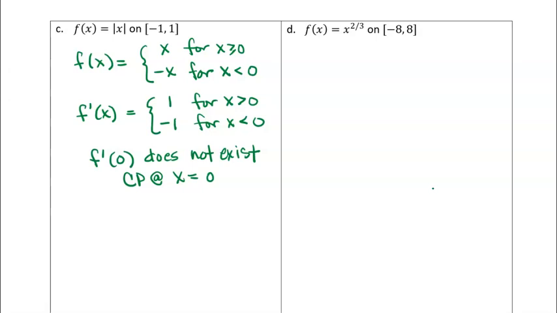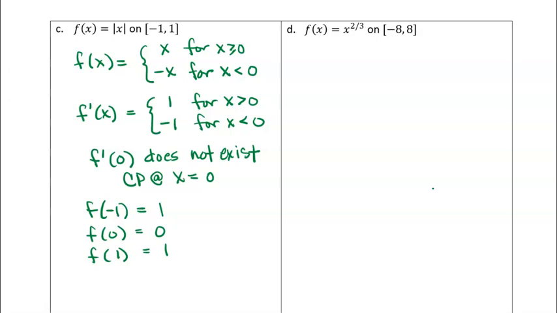And now we just need to evaluate the critical points and the endpoints and pick the maximum and minimum. All right, so I'm going to first of all evaluate f of negative 1, right? f of negative 1 is 1, because it's just the absolute value function. f at 0 is equal to 0, and f at 1 is equal to 1 as well, right?